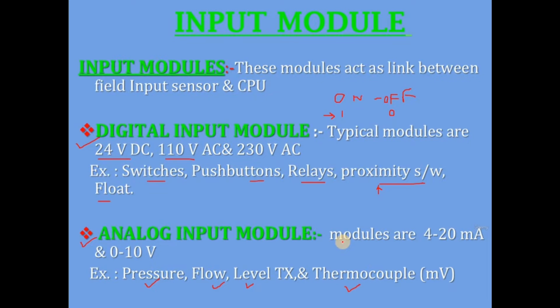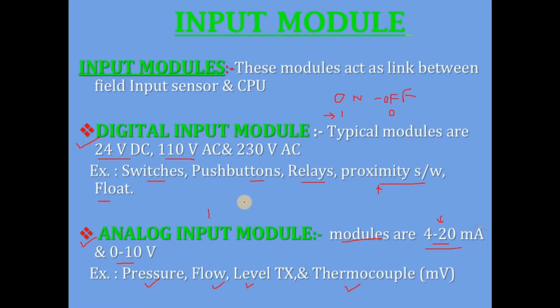Here I have mentioned the required signal ranges for the analog input: 4 to 20 milliampere and 0 to 10 volt. Basically, 4 to 20 milliampere is the analog input for unipolar devices, or if you want to read only positive readings, then your analog current range selection should be 4 to 20 milliampere.